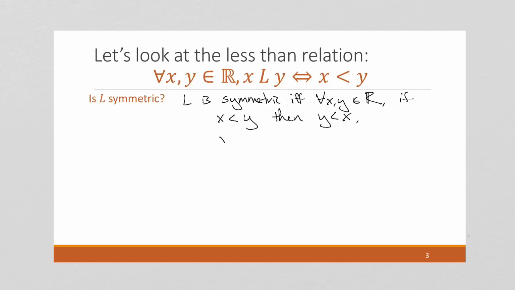We could also write this as xLy, if xLy, then yLx. It's the same thing. We're just giving a name, L, to our less than relation.